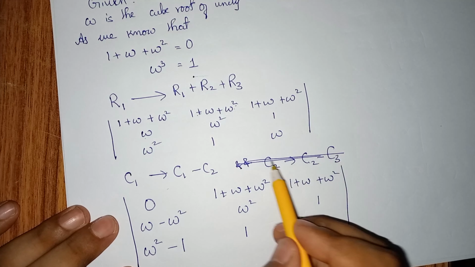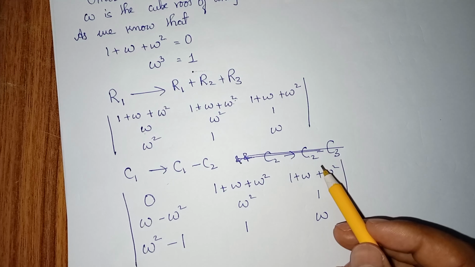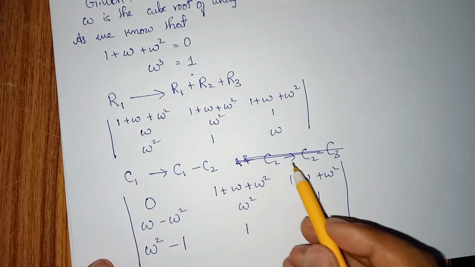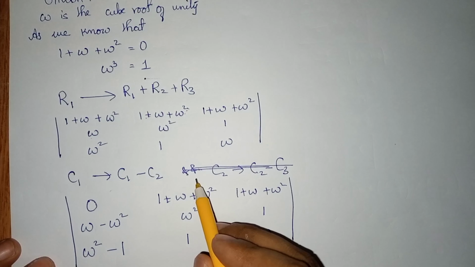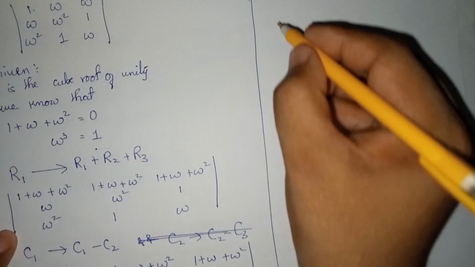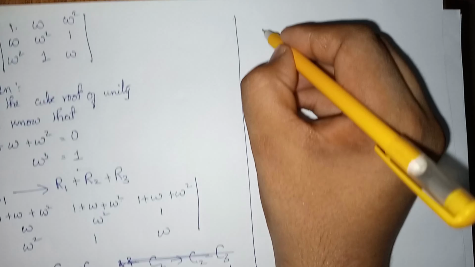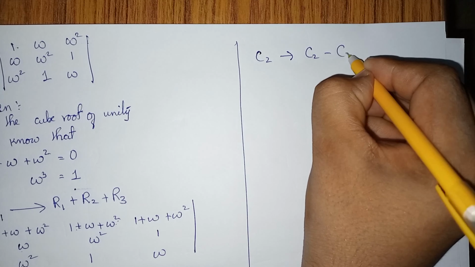Actually we can directly do this in a single matrix, putting the double condition, the column and row operations together. But for your understanding, I am doing it step by step. Now the next condition I am going to place is C2 tends to C2 minus C3.